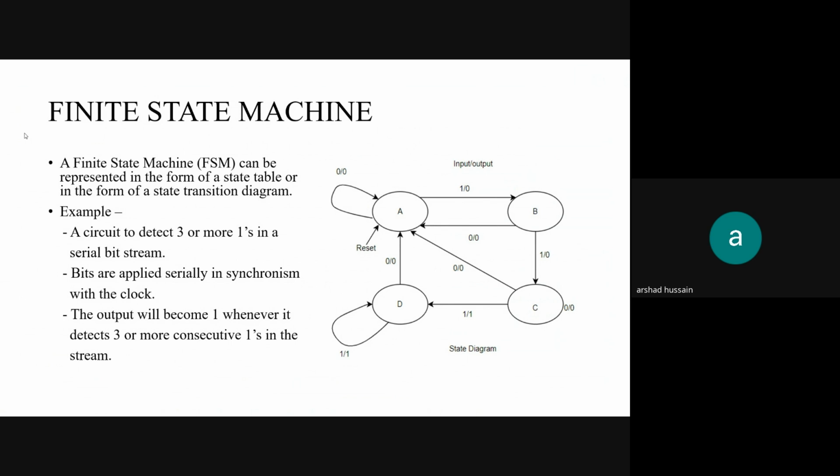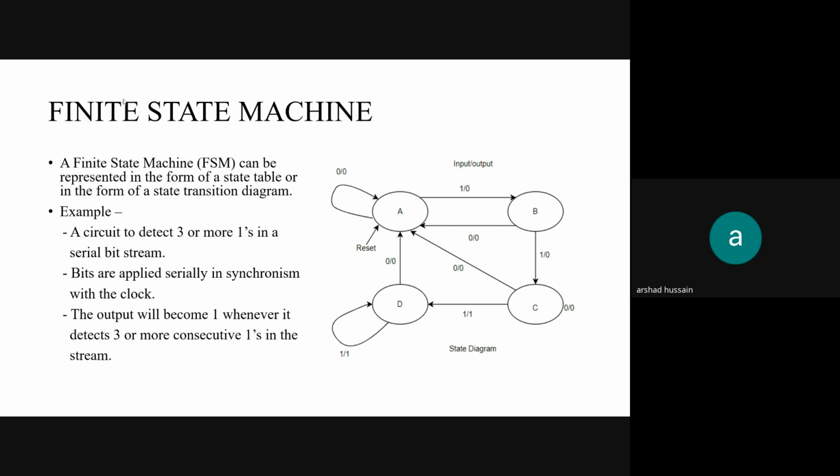I am assuming there is one input where a sequence of bits comes one by one, like 1 0 1 1 0 1 1 1 continuously. I want to find out whether three or more consecutive ones are present in this sequence, and on every 3 consecutive ones, the single-bit output will go to 1. Otherwise the output will remain 0.